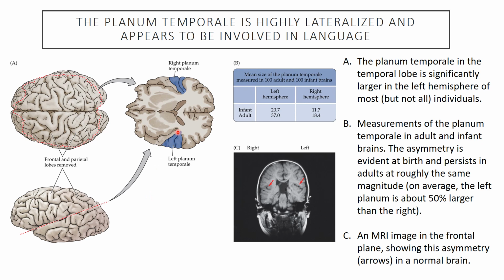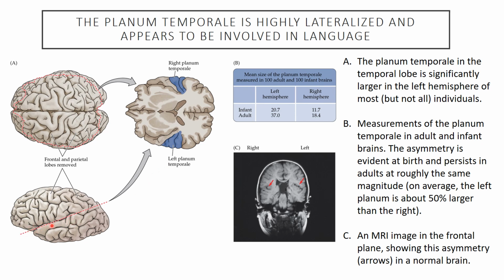This part of the temporal lobe is called the planum temporale, and it's towards the top of the temporal lobe, right at this juncture that's really critical for auditory perception and language processing. So it's likely that this is going to be some of the major reasons why we see this lateralization in language processing. And we can even see this anatomical difference when we look inside a brain.